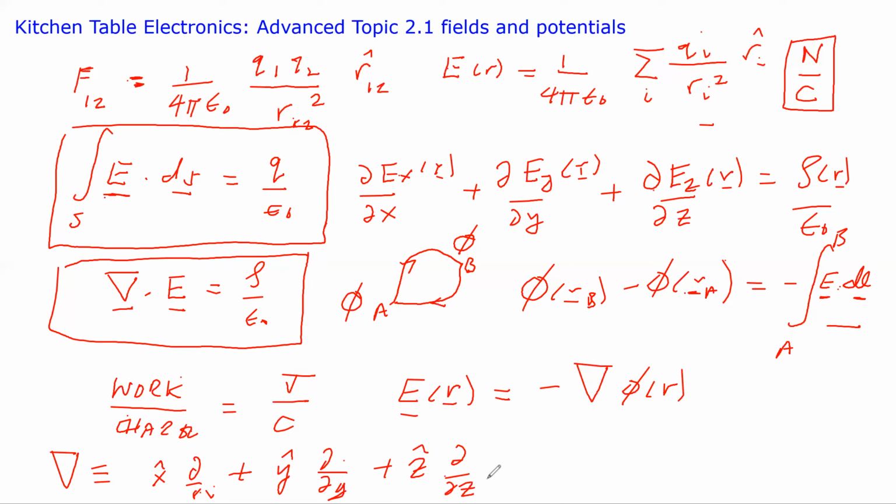Now, this is the work done per unit charge. If we define the work per unit charge as the volt, so joules over coulombs are volts, then the units of the electric field, since it's the gradient of this potential, are volts over meters.